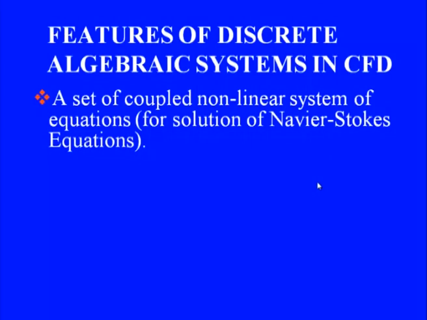Remember, our Navier-Stokes equations themselves represent a set of three coupled nonlinear partial differential equations, and they have to be solved in conjunction with the continuity equation and, for compressible flows, the energy equation.